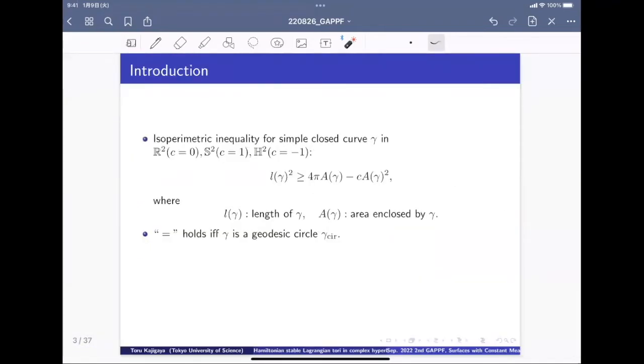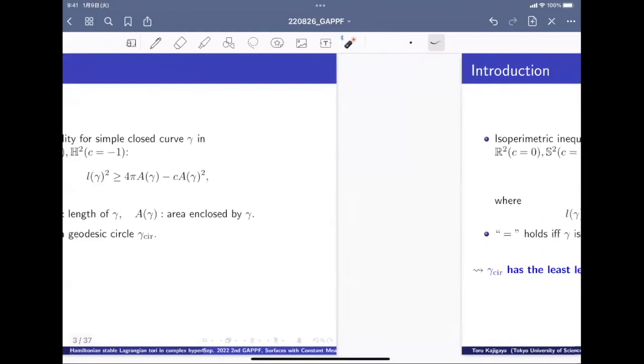Let us start from the introduction. The classical isoperimetric inequality for a simple closed curve gamma in the Euclidean plane, the standard sphere, or the hyperbolic plane implies that the square of the length of gamma is greater than or equal to this quantity. Here, A(gamma) is the area enclosed by gamma. It is also known that equality holds if and only if gamma is a geodesic circle. This implies the following fact.